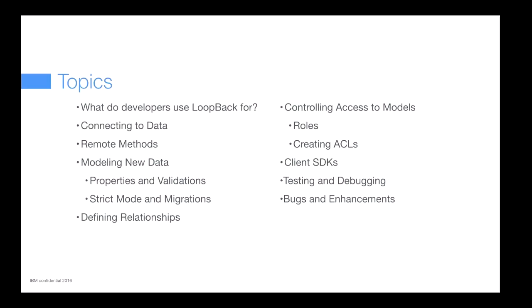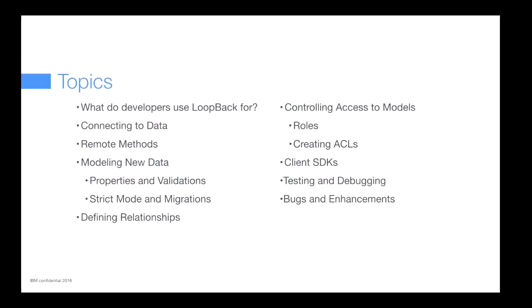And beyond just defining the structure of your data, how do you validate input? What are things like strict mode, and how do you migrate data? I'll also show you how to define relationships. In LoopBack, this is a feature that allows you to quickly take a bunch of disparate data and combine it into a new RESTful API that's easily consumable.